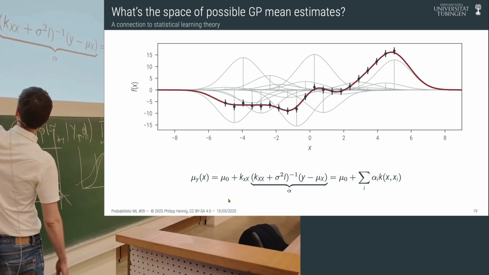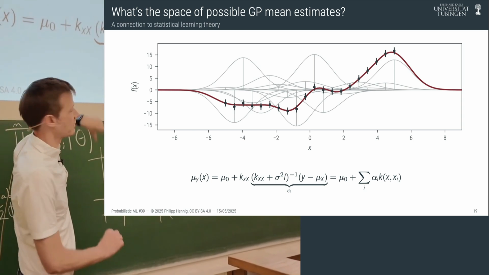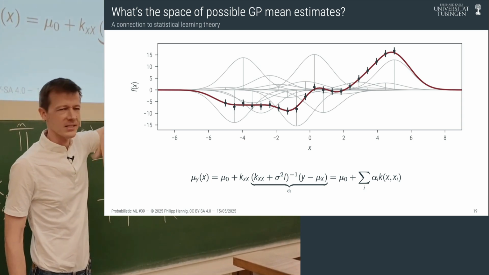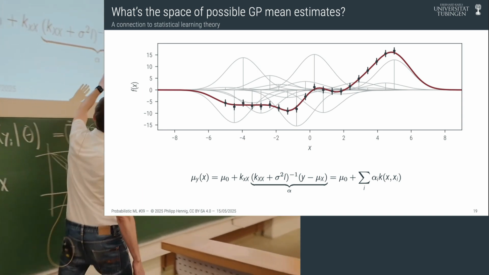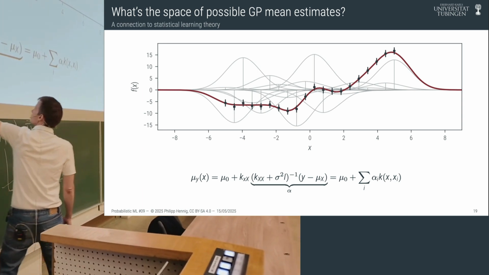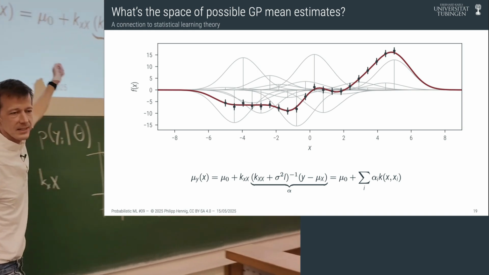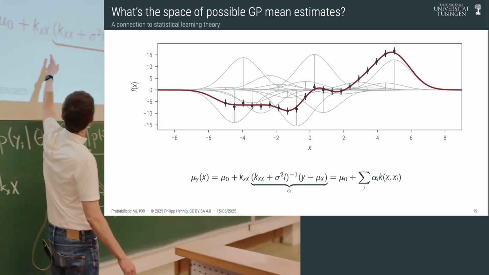So one way to look at this object is first to do what every good mathematician would do and get rid of the annoying bits, which is to say, let's just set the prior mean to 0, because then this prior mean business just drops out. So we can ignore this bit and ignore this bit. Now we have this kernel at the predict points, at our lint space where I make this red line plot, and all the training data x.